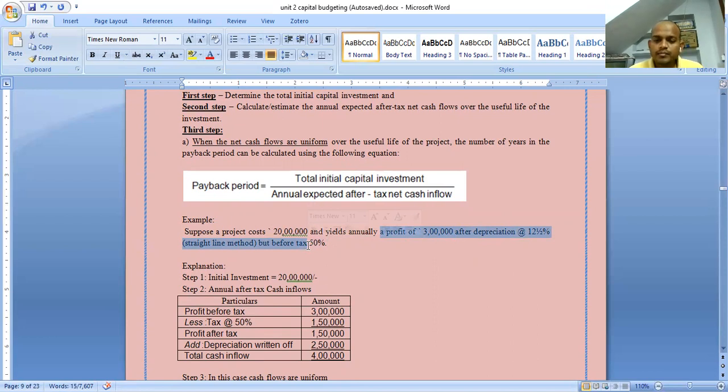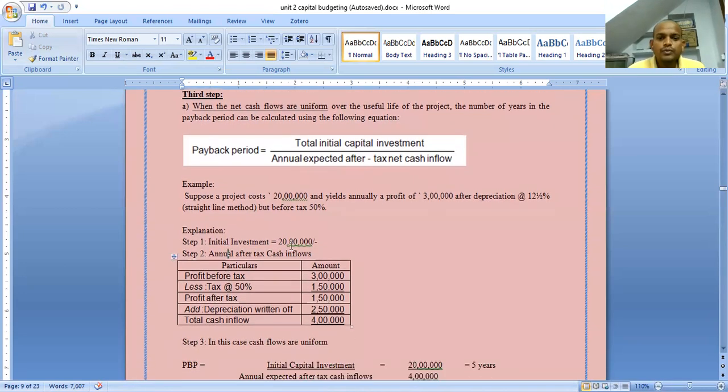Explanation: in the first step we calculate the total initial capital investment, that is 20 lakhs, with no add-ons like working capital or installation charges. In the second step, we calculate annual after tax cash inflows. Here it is already mentioned profit after depreciation but before tax, that is 3 lakhs.